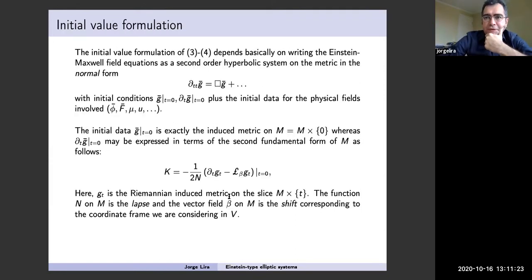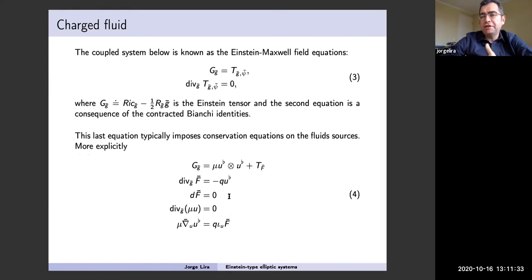Well, in order to solve that problem, the problem is to find a Lorentzian metric, G bar, that solves that system. So G bar should be given in such a way that it solves all of these constraints here. But that's a challenging task because, of course, if you write this in local coordinates, you have some hyperbolic system.